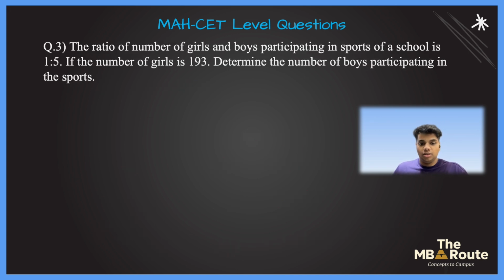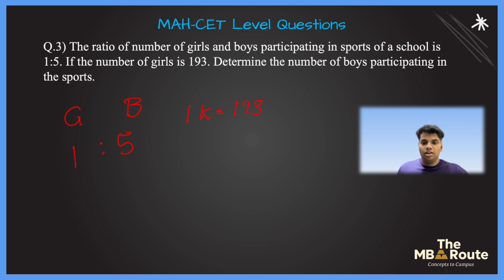Next question. The ratio of the number of girls and boys participating in sports of a school is 1:5. The number of girls is 193. Again the same step: let's take a common multiplier k, and obviously girls will be 1k, which is equal to 193.